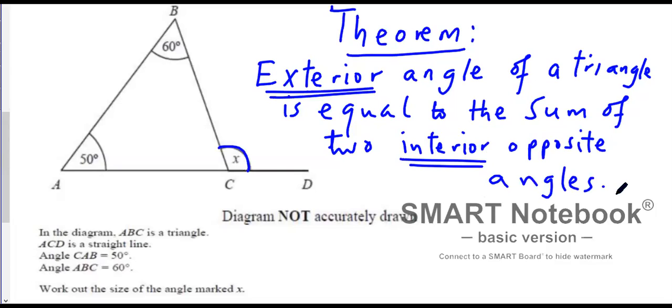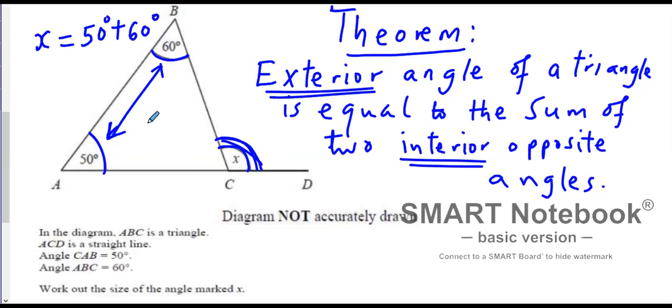Now, what does this mean? It means that this angle, which is formed outside of a triangle, that angle which is X, will be equal to the sum of these two interior opposite angles. So it will be equal to 50 degrees plus 60 degrees.